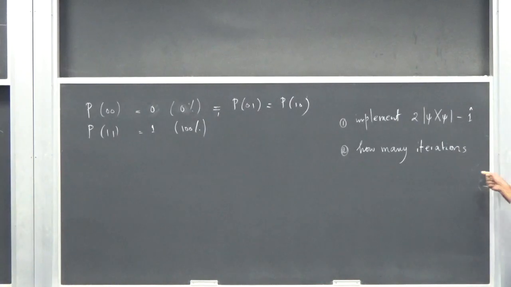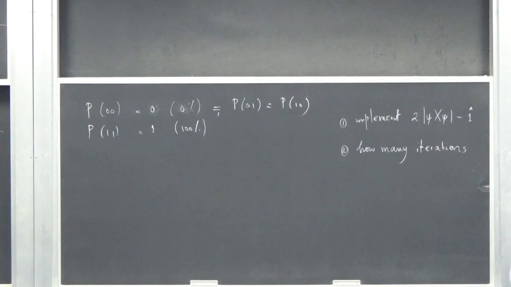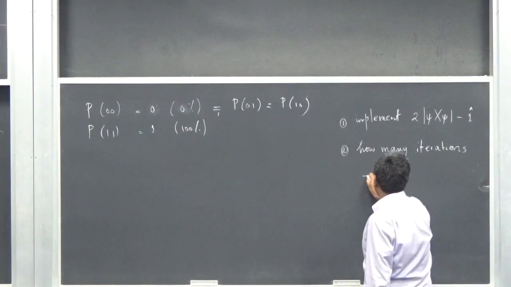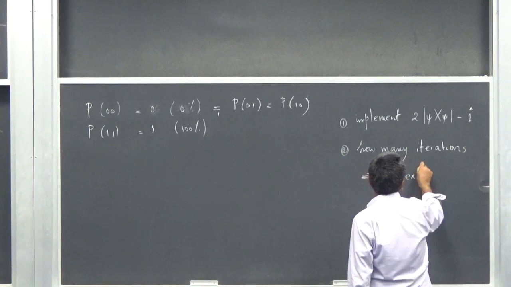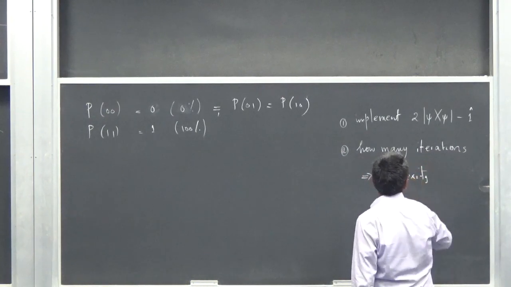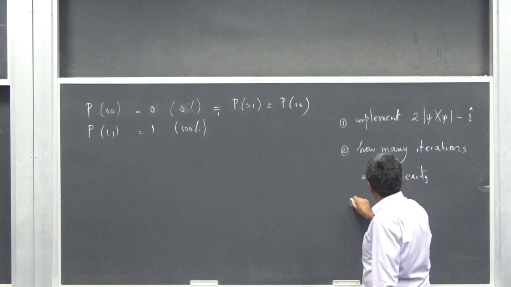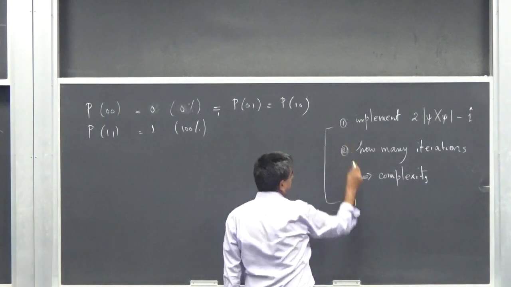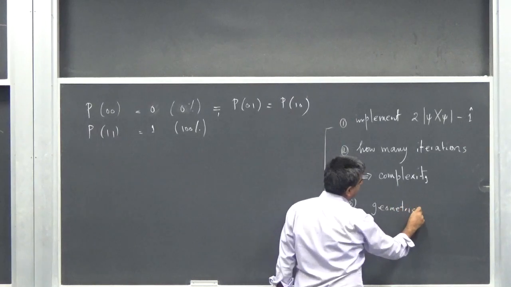Another form of asking this question is, what is the complexity of this algorithm? How many times do I need to run this algorithm? So this lands me to the question of complexity. So we'd like to answer these questions. And the third thing, which is related to the first point, is there a geometrical interpretation of all of this?